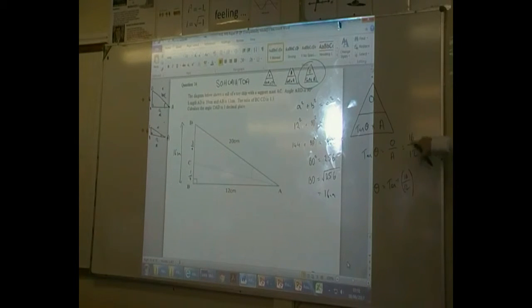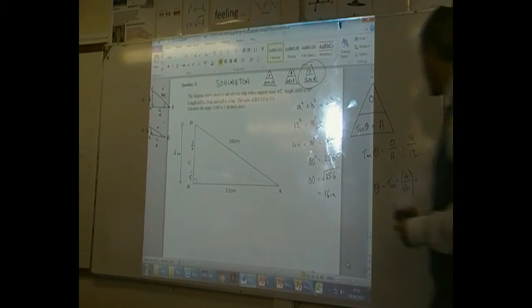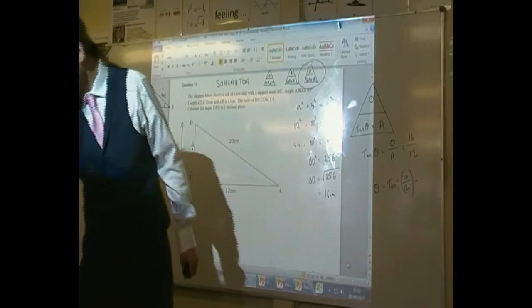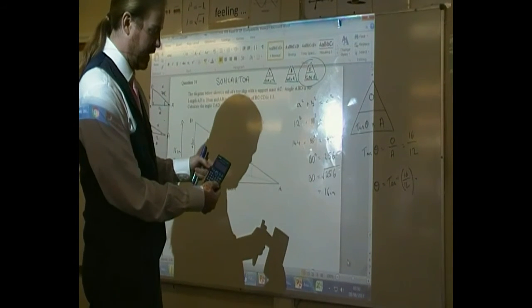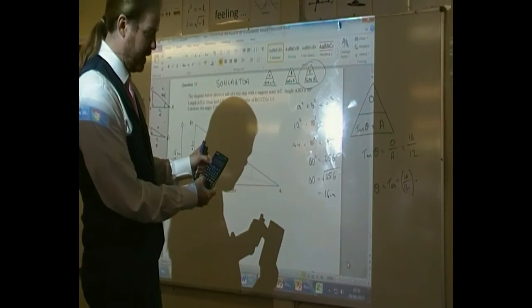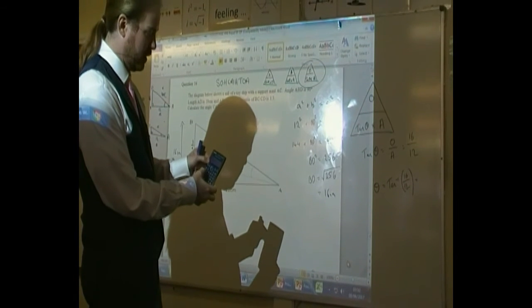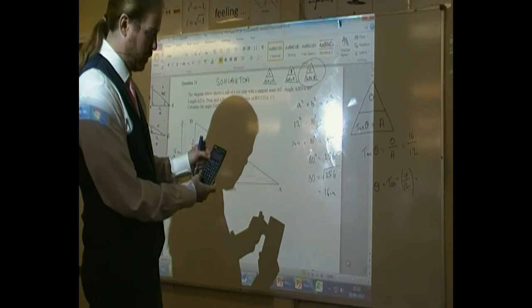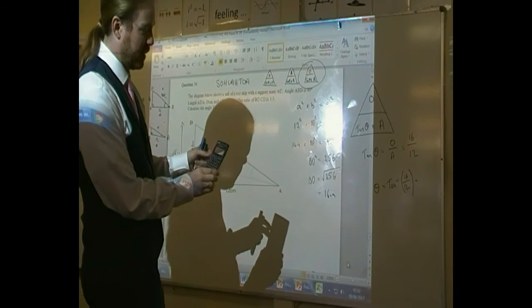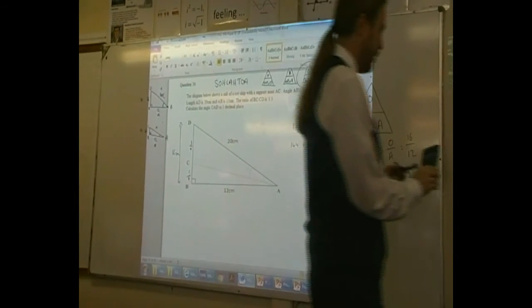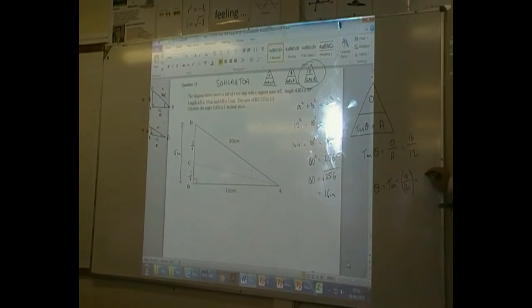It's better to do it that way than to try and work it out over here and then put your decimal in. So theta equals inverse of tan, 16 over 12. Inverse of tan is on your calculator, so above tan. So shift tan and then 16 over 12, close brackets, equals. And it comes out as 59.033.